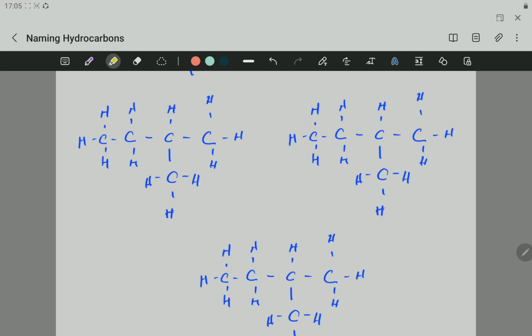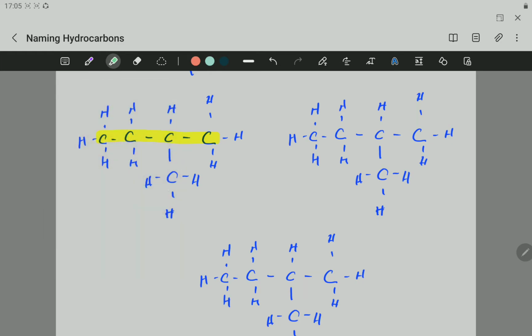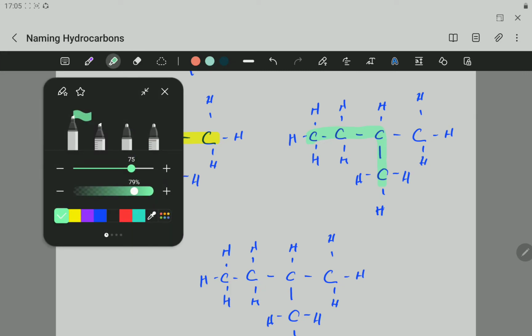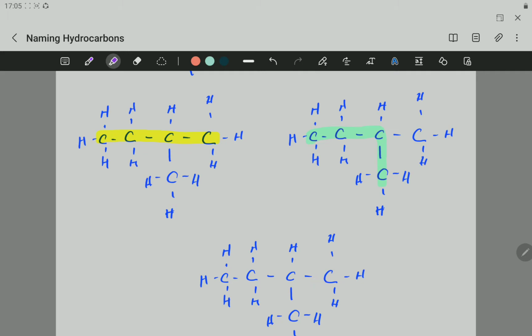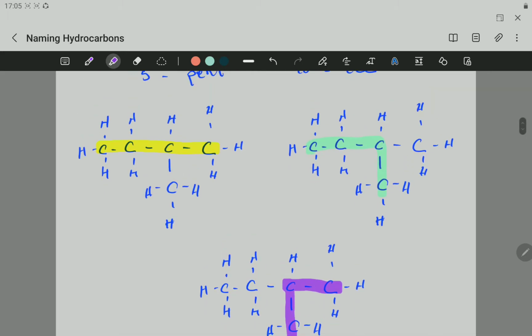So the first option is this one here. That is one continuous carbon chain. The second option we have is this one here. And the third option that we have is this one here. So we have to look for the longest continuous one.